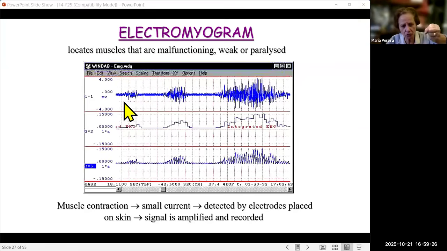And you're going to use different levels of strength, and you will see that if you just do it slightly, or stronger, or very, very strong, the change in electrical voltage is going to change depending on how much tension you're developing. If there's a small current, it's detected by the electrodes and the signal is amplified and recorded. So you're going to do this in the lab.